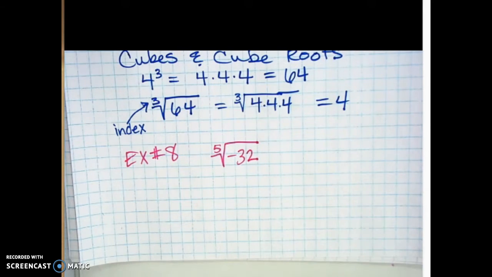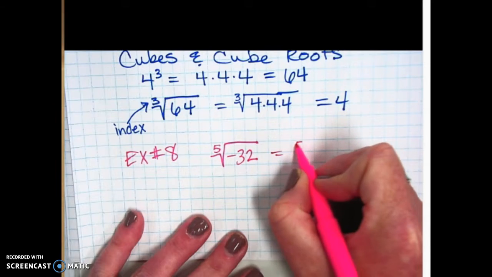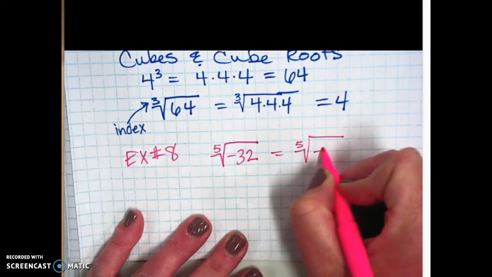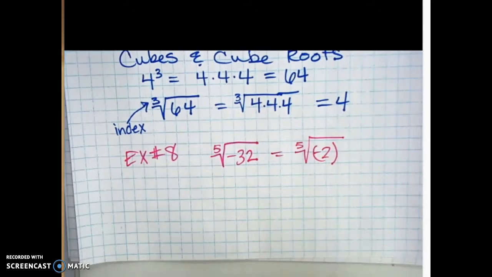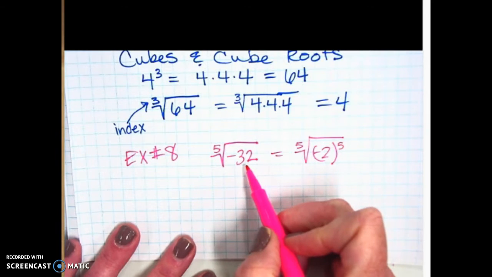But it's not. There's a real solution to this problem. Anybody know it? You're so close, right? It's negative 2. Because negative 2 times negative 2 times negative 2 times negative 2 times negative 2 is negative 32.